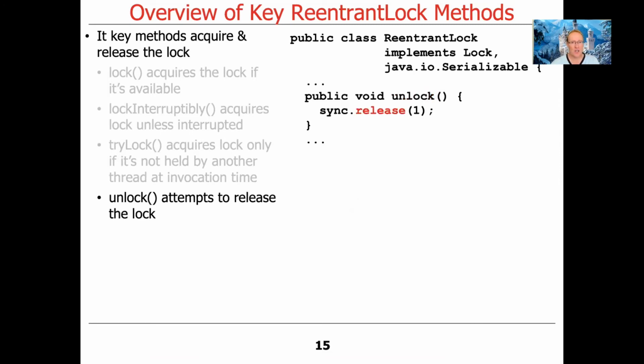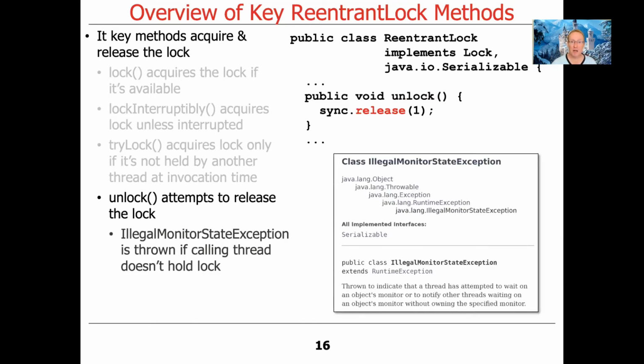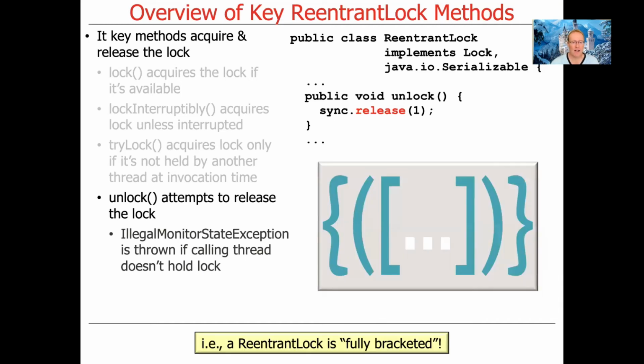Unlock attempts to release the lock. As you can see, it calls the release method that's defined in the AbstractQueuedSynchronizer class. And much like our spin lock implementation that we did for assignment 1B, this will throw the IllegalMonitorStateException if the thread that's unlocking the lock doesn't hold the lock. So that'll throw if you use the protocol incorrectly.